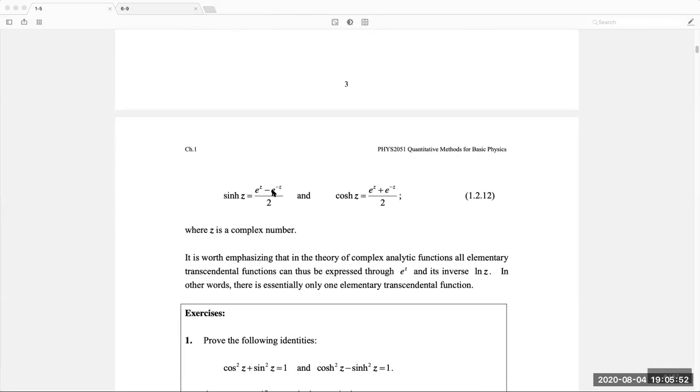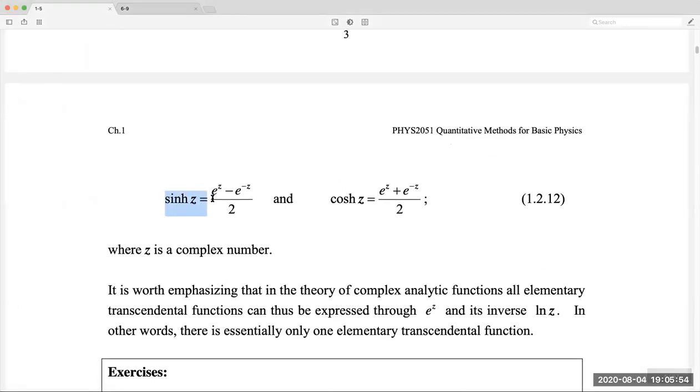So this is the definition of sine z and cosine z. What is the derivative of this one? It is not the ordinary derivative, it is different.